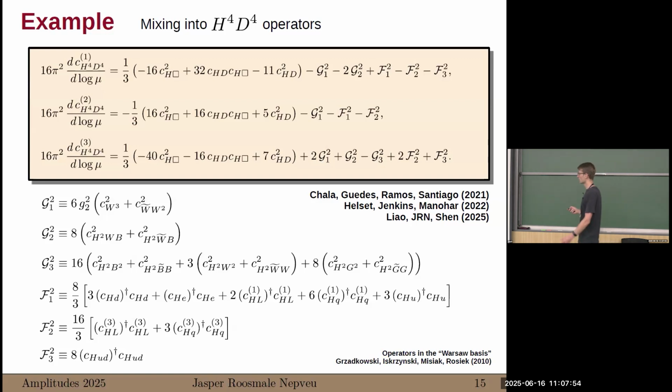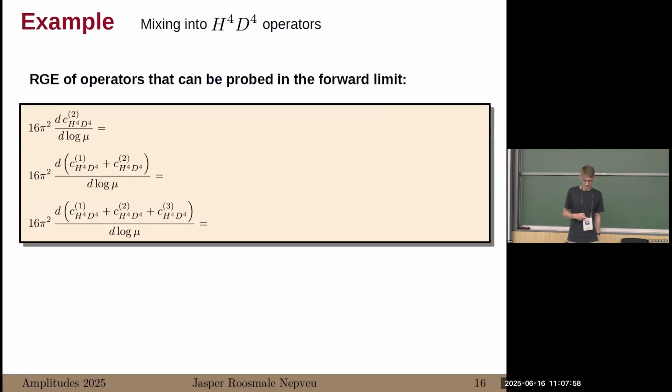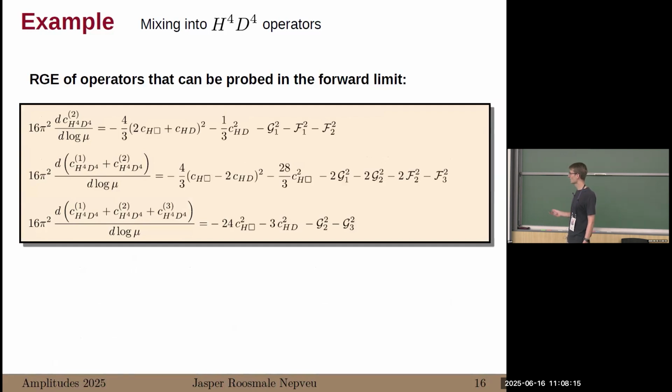So once you start using this information and try to exhibit this universal structure, if you go to the basis in which the parameters contribute in the forward limit, so there are 3 different amplitudes, and in those forward limits, these parameters contribute in these linear combinations, then you see that the RG contributions are fixed sign and also simple.